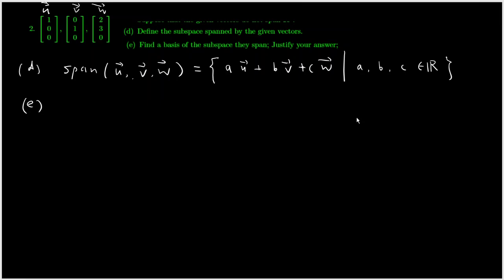Okay, now for question E, we're trying to get a basis of the spanning set, the subspace. Again, you have seen W is a linear combination of U and V. It's kind of saying W is redundant to form the spanning set. You're going to see in more details. But if W is redundant, then you claim U and V form a basis of the spanning set.